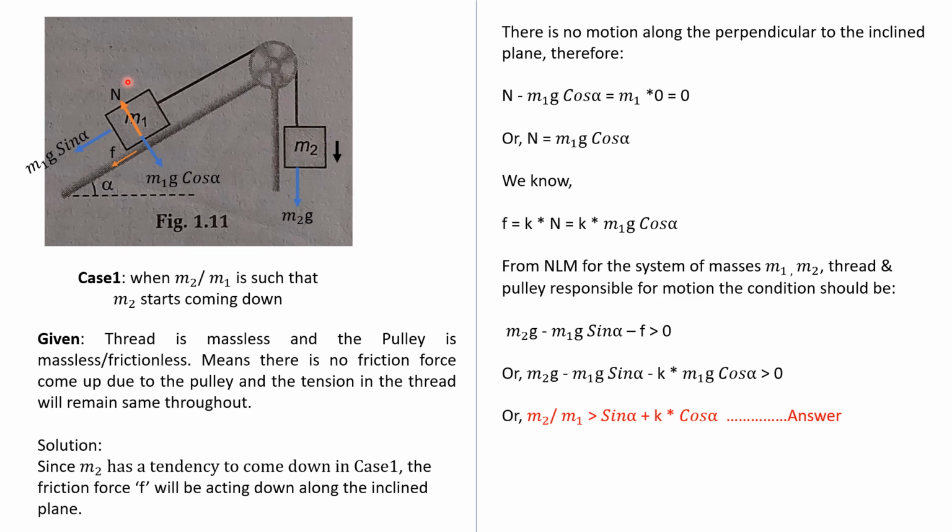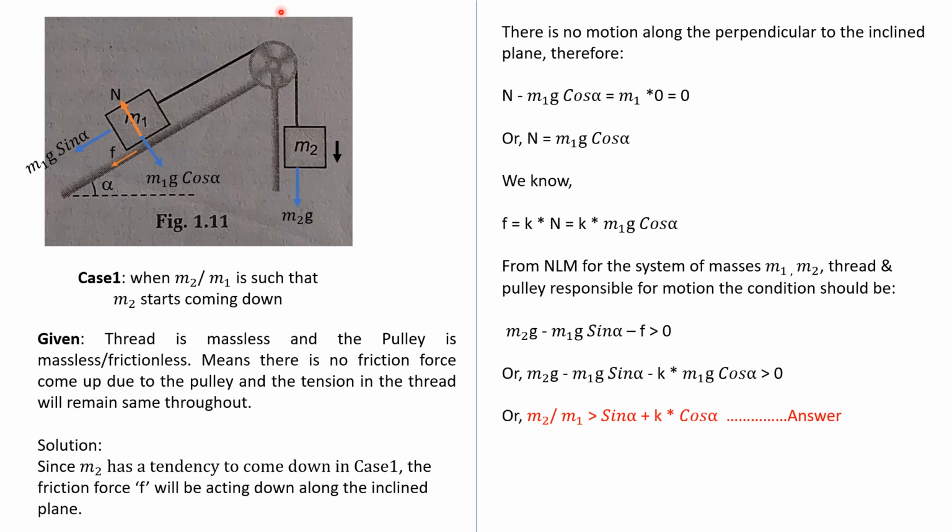From Newton's law of motion, for the system of masses m1, m2, thread and pulley, the forces responsible for the motion: m2g is pulling the mass m2 down, and m1g sin alpha and friction force F are resisting the block m1 from going up.